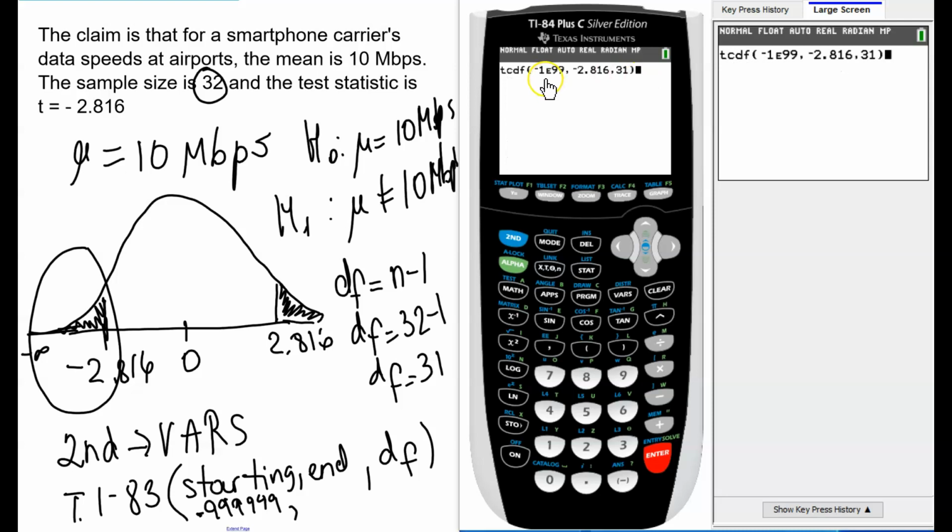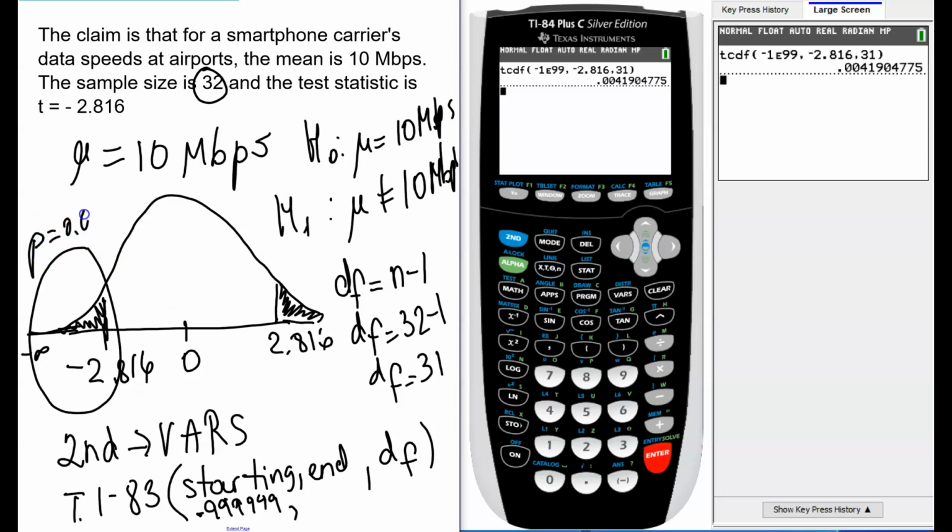Here's our beginning point, the ending point, degrees of freedom, enter, and our p-value on the left side is 0.00419. Let's round to 3 decimal places.